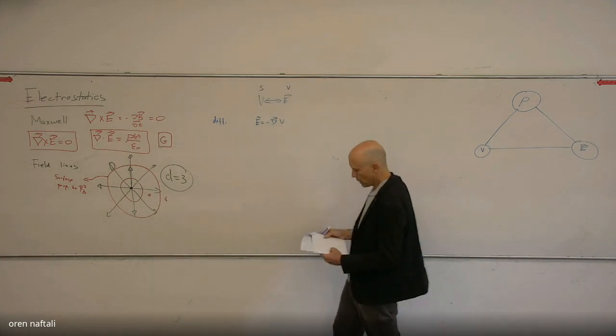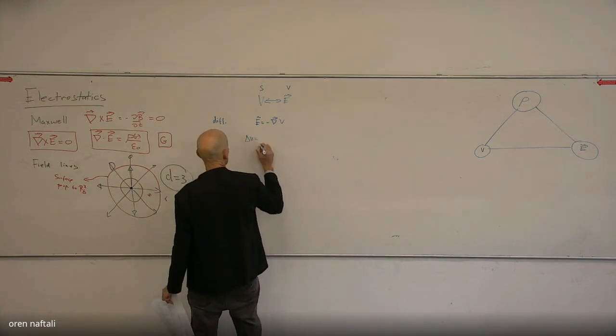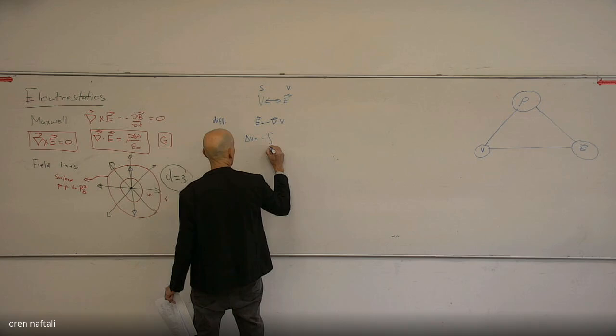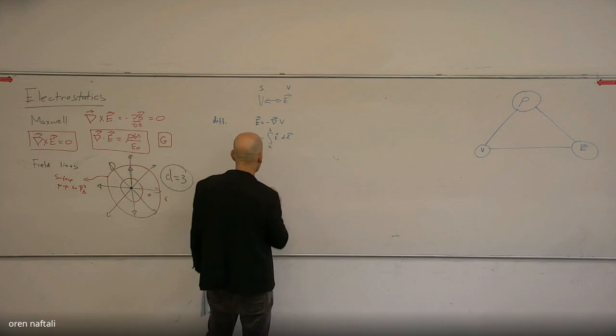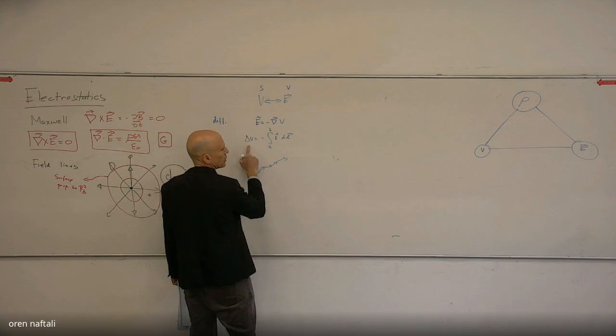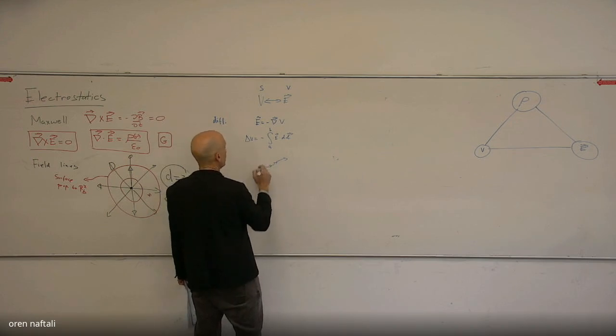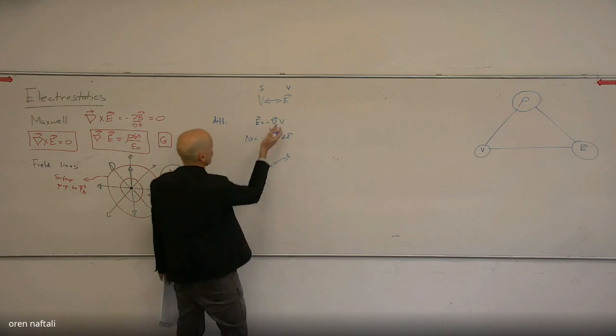This is mentioned already. And then we can go, of course, delta V is equal to minus the integral from some point A to B of E dl. So we have some electric field along a line, and we integrate in order to get the difference of the potential between point A and point B.